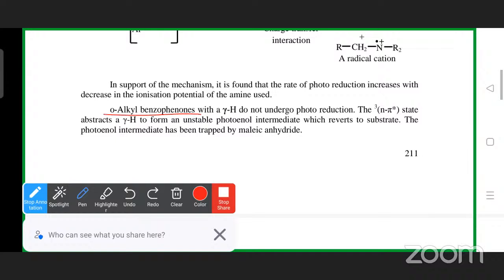The ortho-alkyl benzophenones with gamma hydrogen here do not undergo photoreduction.